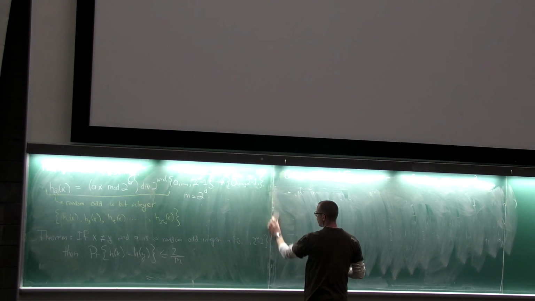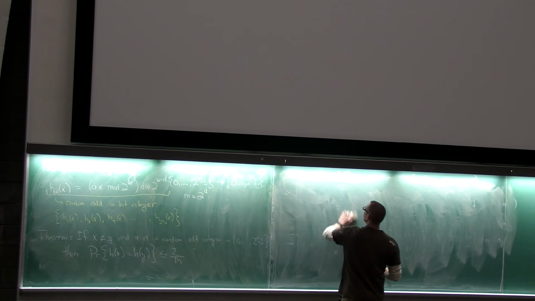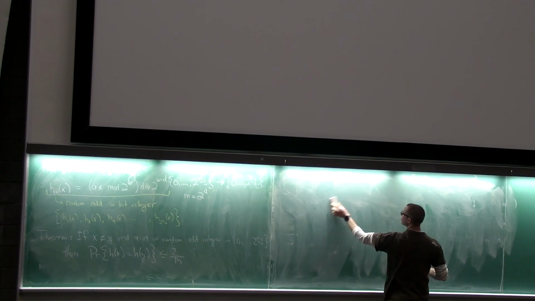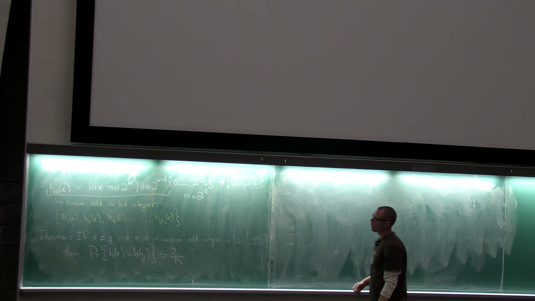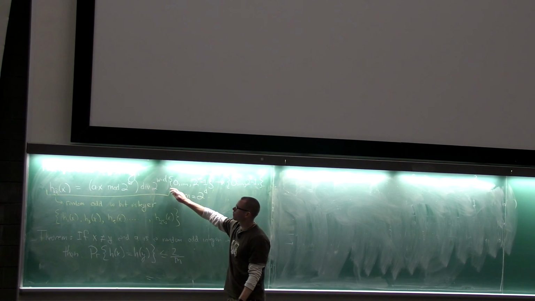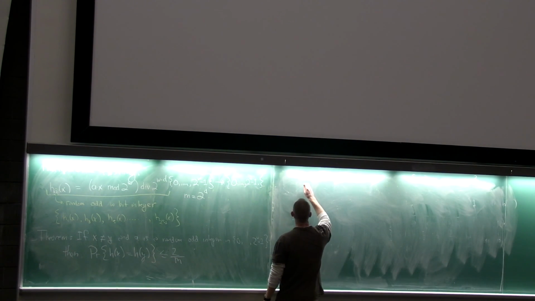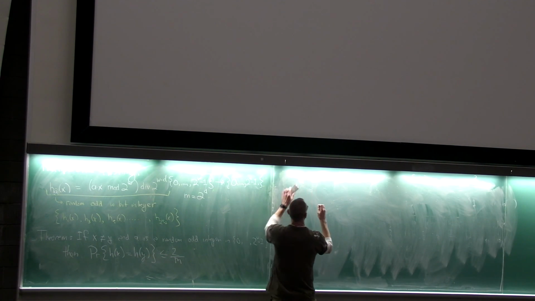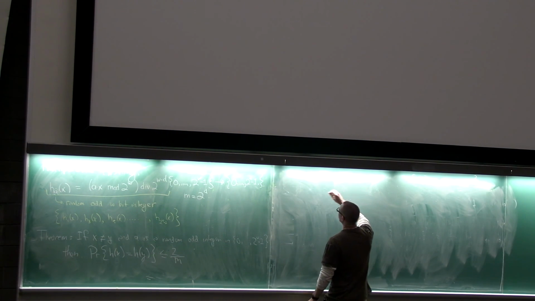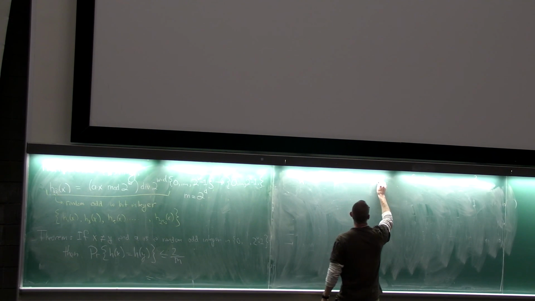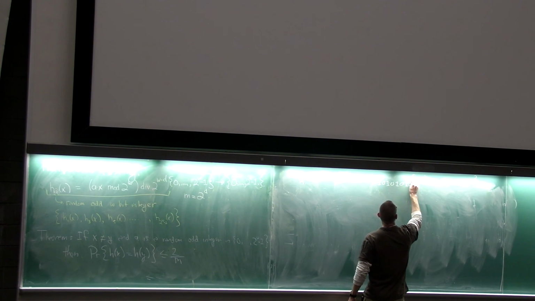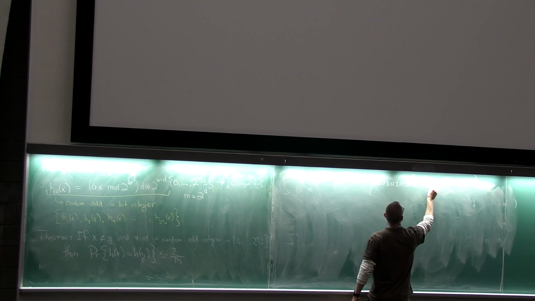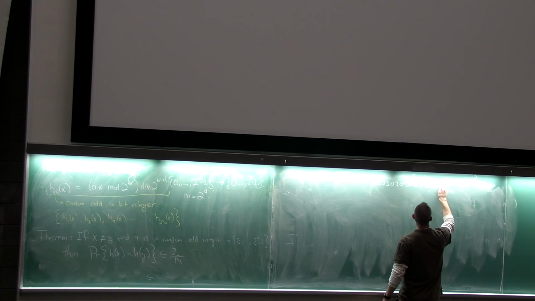So let's draw what's happening when we execute this hash function. So we have a, which is a random w-bit integer that's odd.